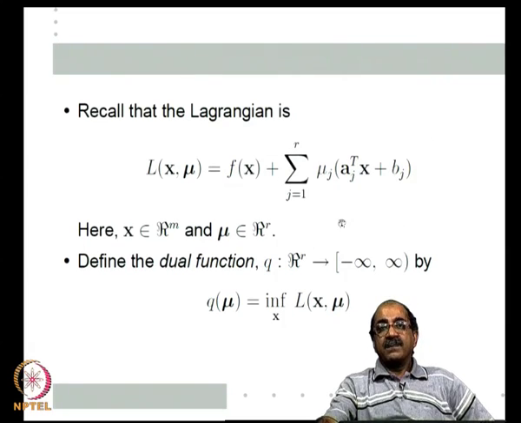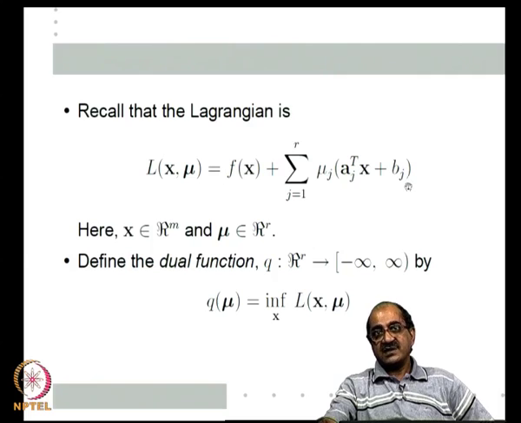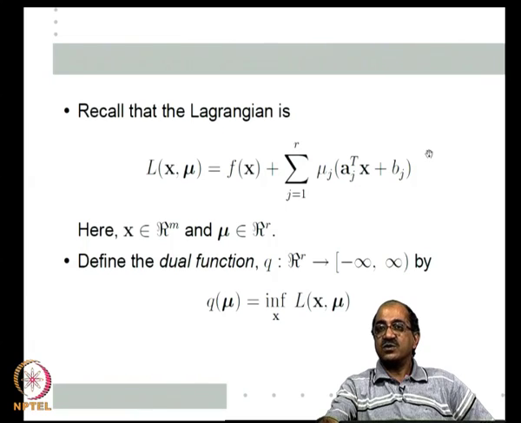Because of feasibility, all mu's are of the same sign, a_j transpose x plus b_j are of the same sign, so nothing can cancel. So, the only way f(x star) can equal L(x star, mu star) is if each term is 0: mu_j star times (a_j transpose x star plus b_j) is equal to 0, which is my complementary slackness condition.